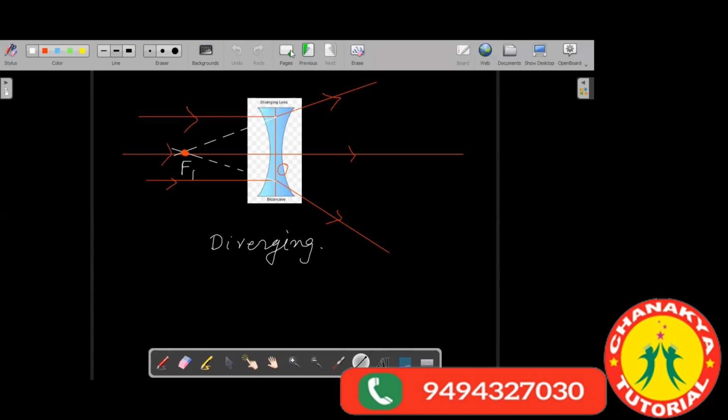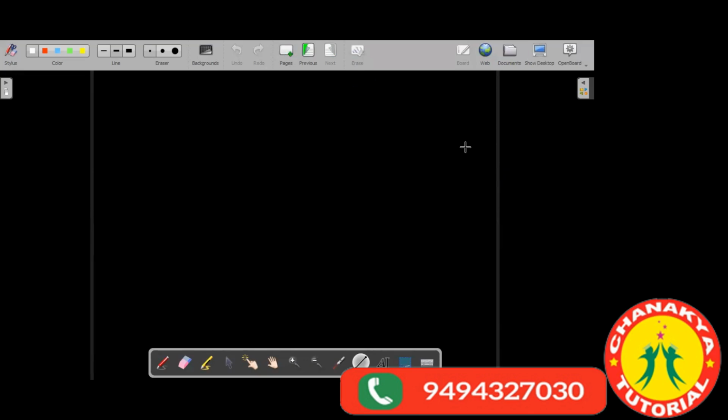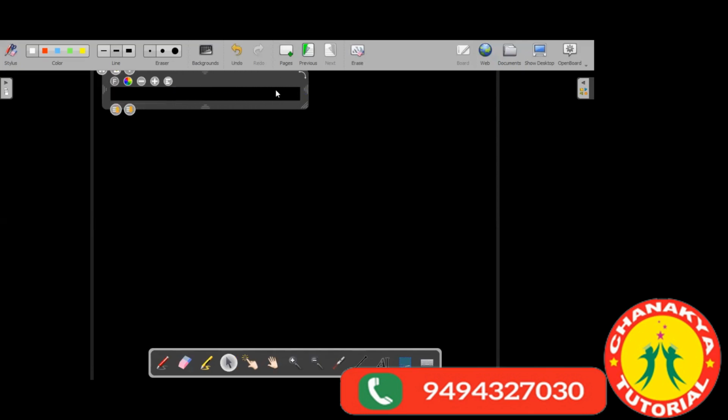Okay. So let us see how the images are formed for a convex lens. Image formed by a convex lens for various positions of the objects. So how many of you can draw the image positions for various positions of object for a convex lens? Can you draw the position of image for the different positions of object?